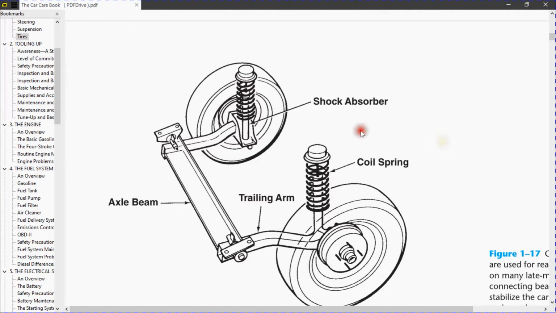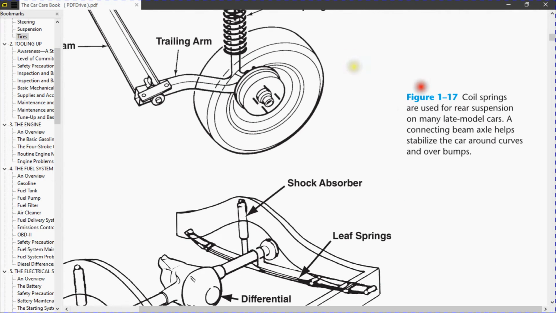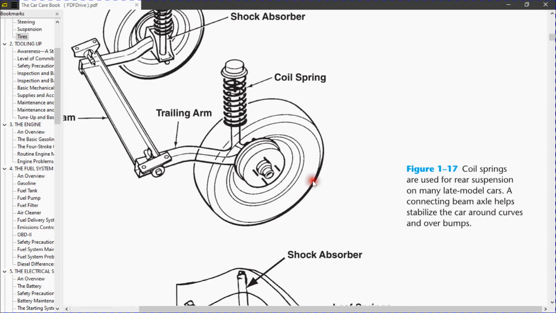So here is how it absorbs the shock. The shock absorber, axle beam, and coil spring. Coil springs are used for rear suspension on many late model cars. A connecting beam axle helps stabilize the car around curves and over bumps.